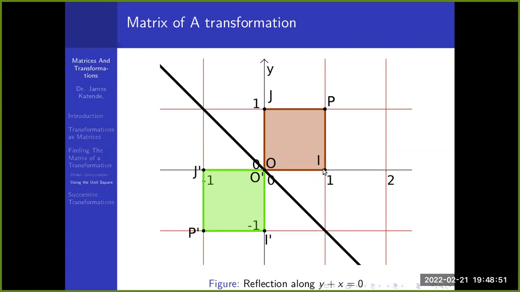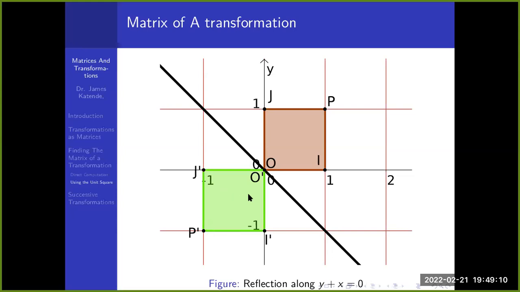But this is done in GeoGebra, so you don't need the line. You see this point (1, 0) is sent to the point (0, -1), and the point (0, 1) is sent to the point (-1, 0), and that gives you the matrix.